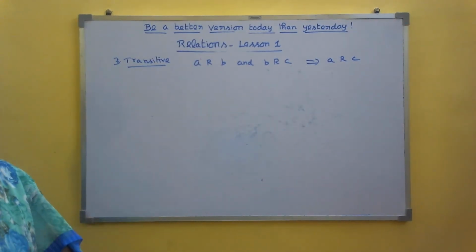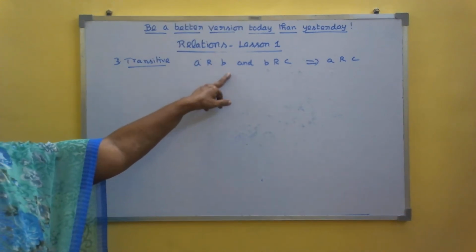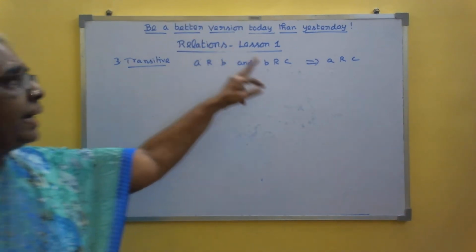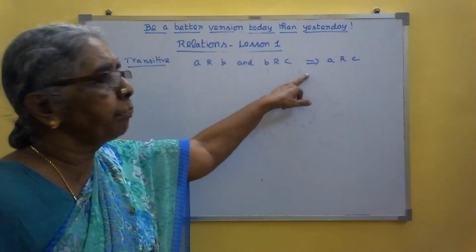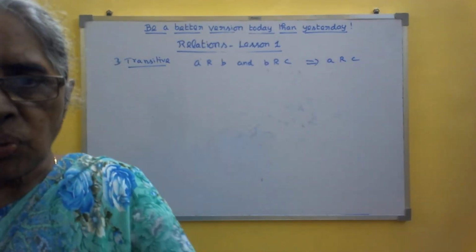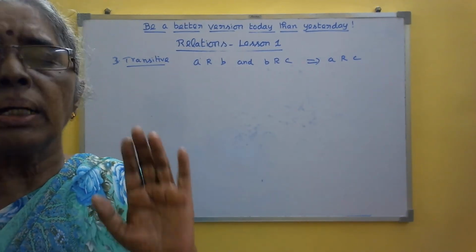Okay, follow it carefully. If A related to B and B related to C, both should be present. If that implies A related to C, you call it a transitive relation.